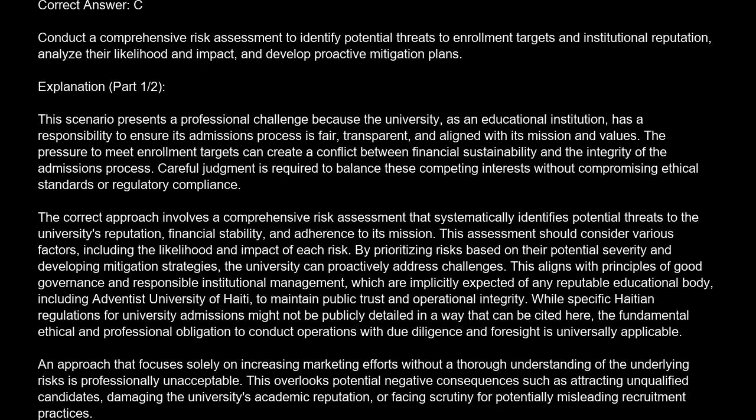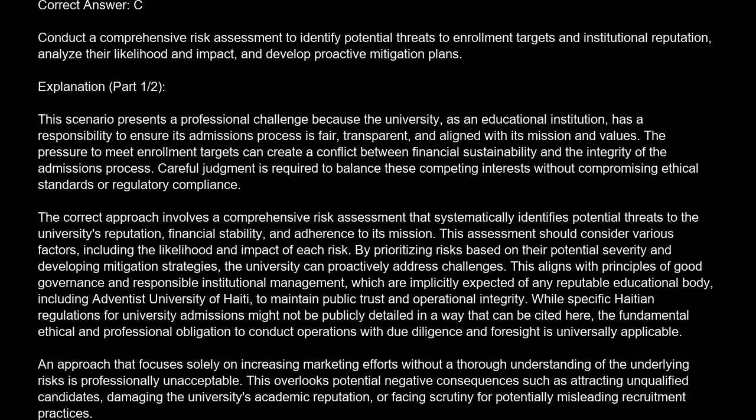The correct approach involves a comprehensive risk assessment that systematically identifies potential threats to the university's reputation, financial stability, and adherence to its mission. This assessment should consider various factors, including the likelihood and impact of each risk. By prioritizing risks based on their potential severity and developing mitigation strategies, the university can proactively address challenges.